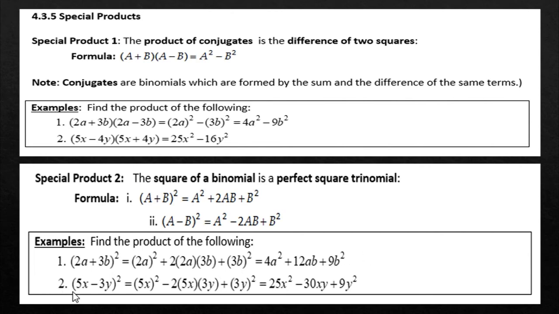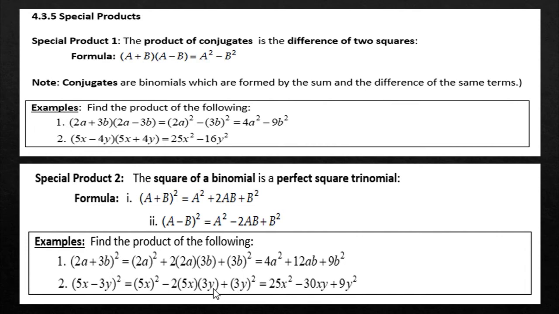Then, another, 5x minus 3y quantity squared. So, again, we square the first term, minus, kay minus man ta, minus 2 times the first term times the second term. So, minus 2 times 5x times 3y. Then, plus na dayon diri rata mag-minus kung minus. Plus na diri.